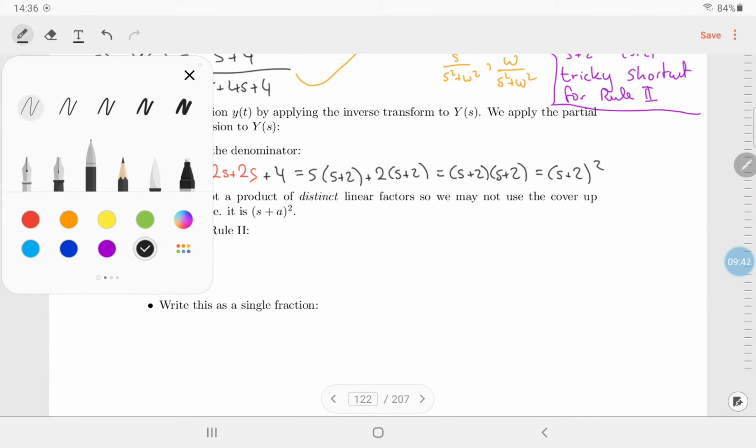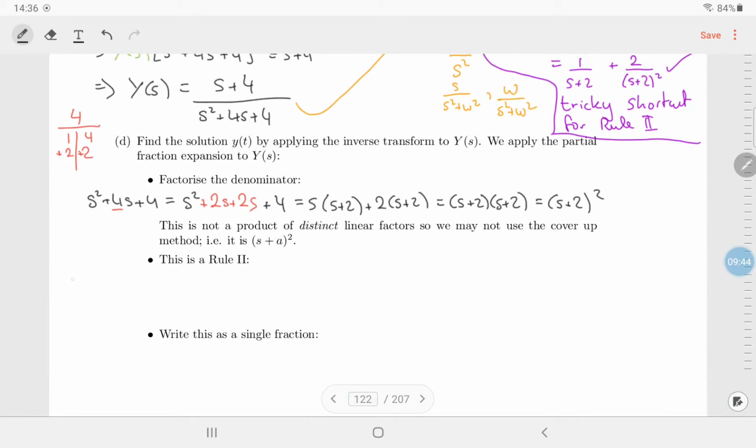So what have we got? Rule 2. So we've got y of s equal to s plus 4 divided by s plus 2 squared. Rule 2 says, so you've got two factors, s plus 2 and s plus 2. You'd be tempted to do s plus 2, s plus 2, this is what you'd be tempted to do.